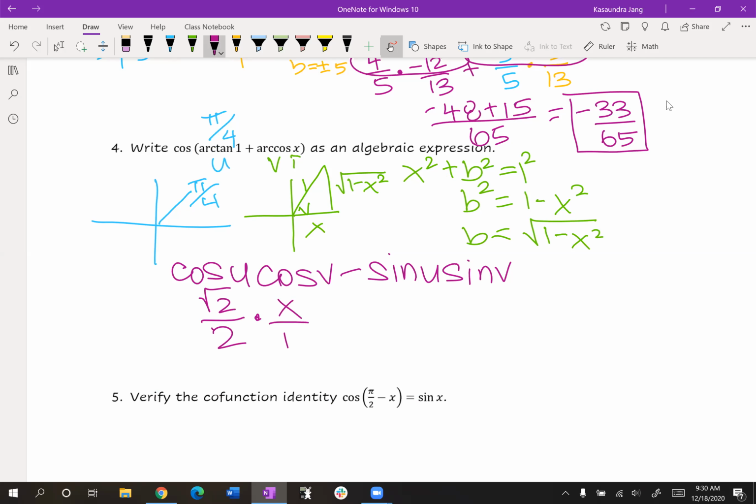And then minus my sine of u. Again, on my u, sine of pi over 4 is root 2 over 2.